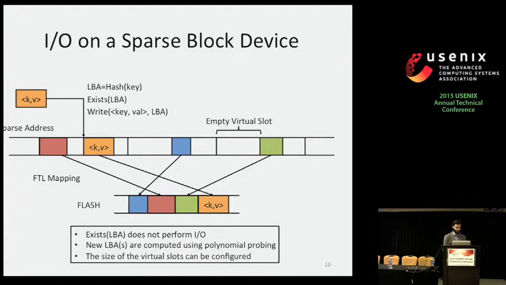A couple of interesting things here is that the exist operation doesn't require any I/O, so it's an in-memory operation, therefore it's very fast and has very low latency. And in the event that the LVA that we computed already has an existing mapping there, we use polynomial probing to rehash and get a new slot. Typically, this doesn't happen very often because the sparse address is very large, so the probability of getting an empty slot is very high.